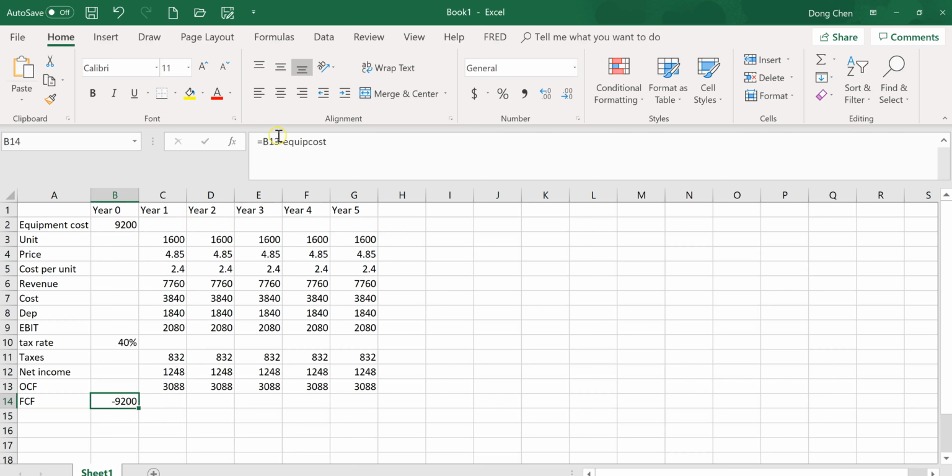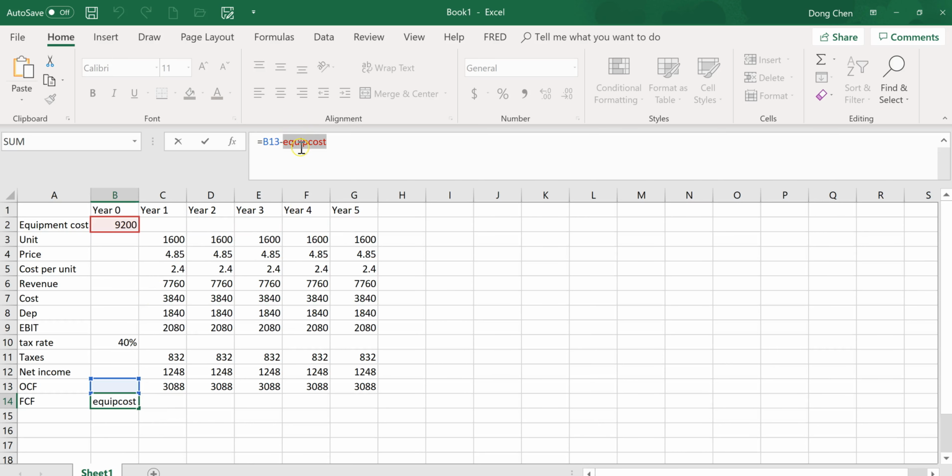Actually, here I don't want to keep the equipment cost because I want this every year to change. If I keep this variable name here, then when I pull this all the way to the right, this won't change. But for the subsequent years, it should be the OCF minus the corresponding cash flow, which is empty, which should be 0.